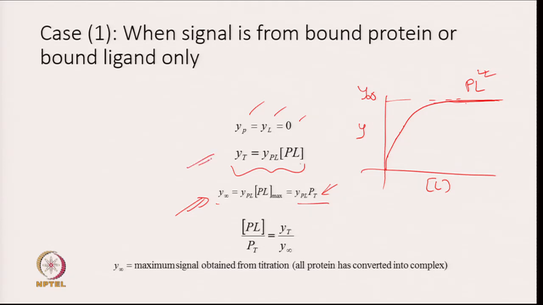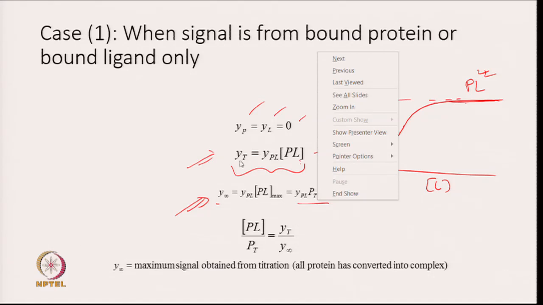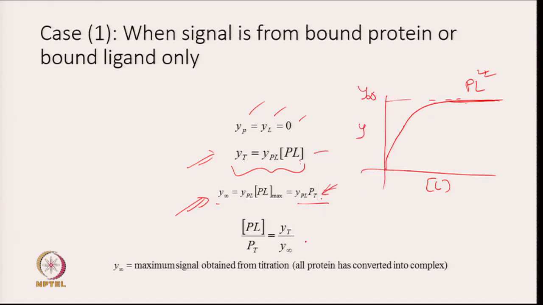This is one equation, this is another equation, you just divide these two equations. So, what I am doing is dividing this equation by this equation. What I will get is YPL will cancel out, and we have PL by PT equal to YT by Y infinity.